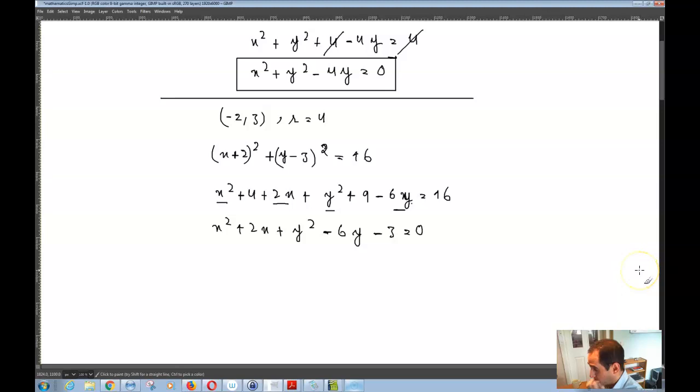So number 2 is x squared plus y squared plus 4x, because you have 2 times 2 times x, which is 4x, minus 6y minus 3 is equal to 0.